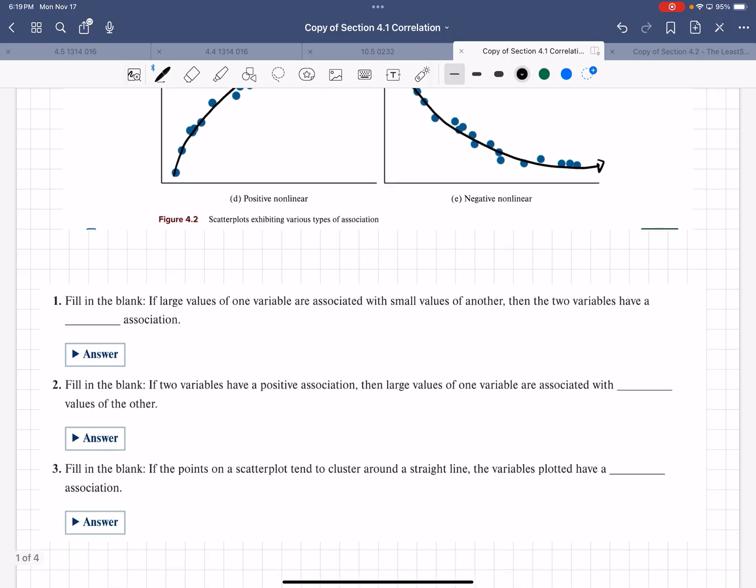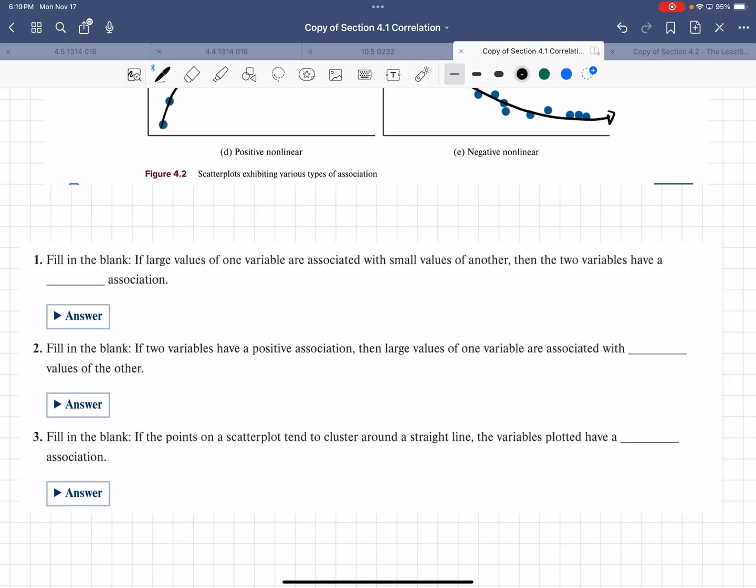So we have example 1. It says, if large values of one variable are associated with small values of another, then the two variables have a negative association. You got a large with a small, it makes a negative. Things are falling.